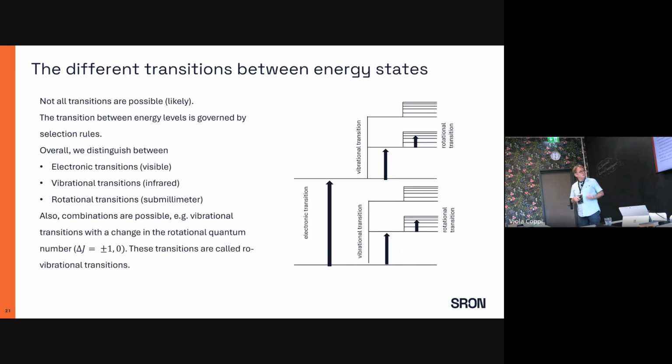Vibrational transitions, so when we go from one vibrational level to the other, are in the shortwave infrared, 1.6 micrometer, for example. I will talk in a second about that. And the rotational lines are sub-millimeter. Actually, with standard spectrometers, you can't measure this. And for sure, not all transitions are actually allowed when you calculate the probability of that transition of a molecule.